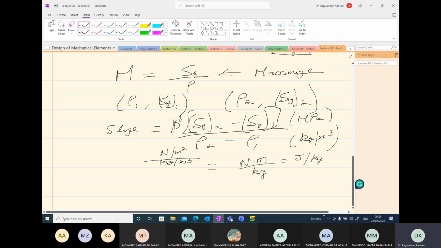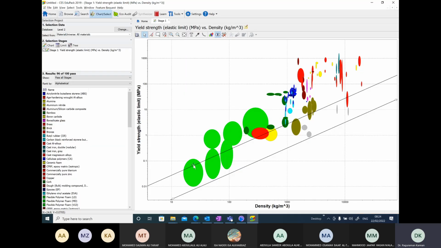Okay, specific strength, or you can further expand it: kg meter per second square times meter over kg, and then you will get the result here, meter square per second square, meter per second the whole square. So that is the unit that you will have for these particular lines.